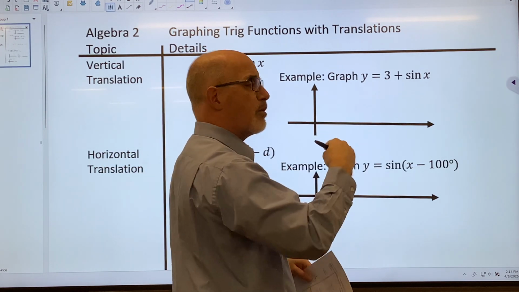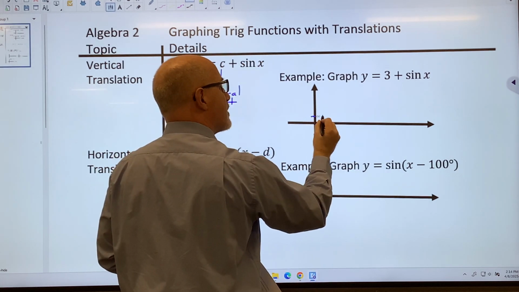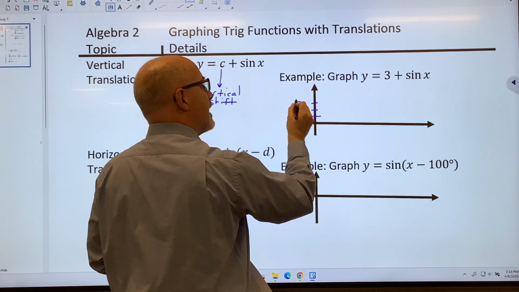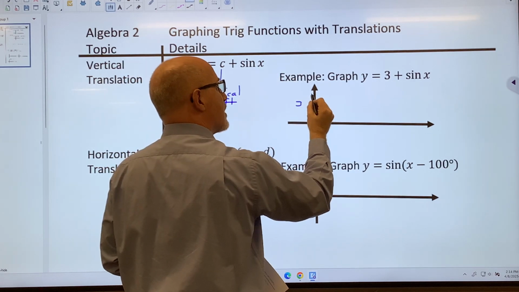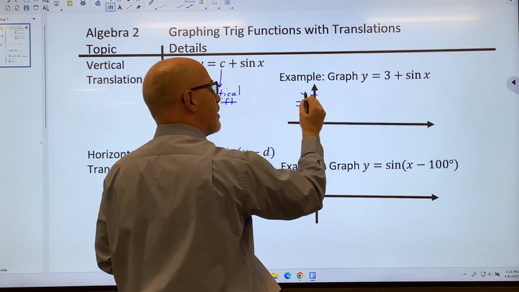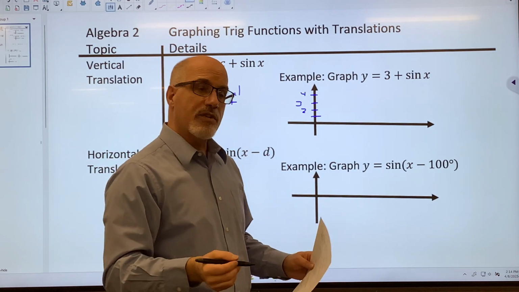Well, this 3, when we add it on, is going to move the midline up. So we're going to go up to 3 units here, and from 3, we're going to go 1 above it and 1 below it, just like we did from the previous midline. So up to 4 and down to 2. The rest of the graph looks very similar.